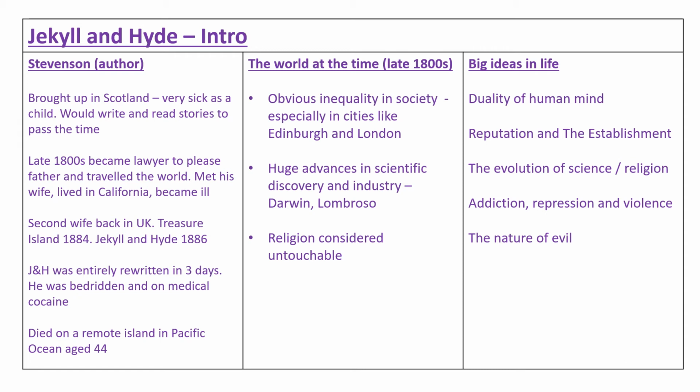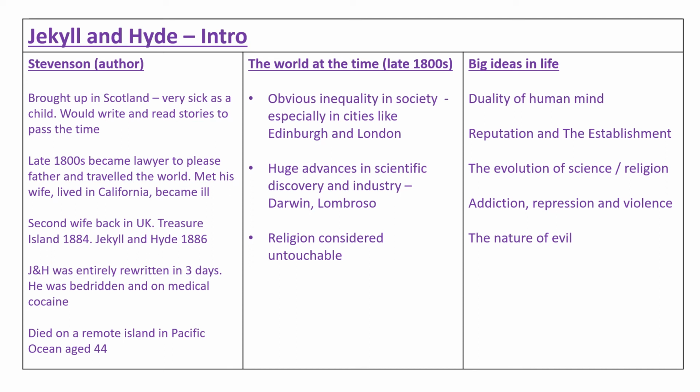So Jekyll and Hyde, really, the big ideas are about those contrasts that I've mentioned, that duality, which just means two things, that you could be evil and good at the same time, which is exactly what this book's about, Jekyll and Hyde. That you can be a beautiful city that's really posh, with really expensive streets and houses, but then also really downtrodden and forgotten about. That the establishment, they were called, these really rich, posh people, untouchable gentlemen, had a reputation to uphold.